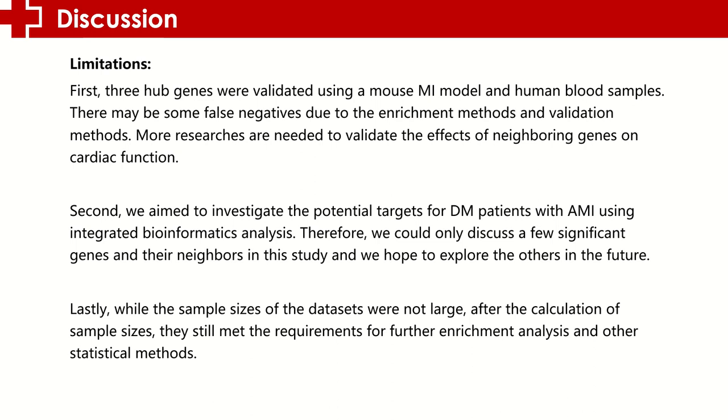Second, we aimed to investigate the potential targets, so we only discuss a few significant genes, and maybe the others are also important. Lastly, although the sample size is not large, after evaluation, it still meets the requirement for further enrichment analysis and other statistical methods.